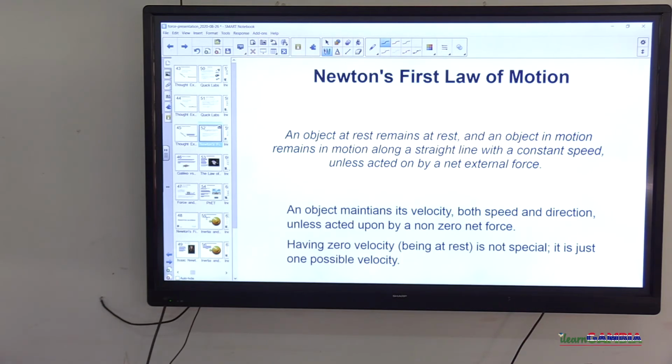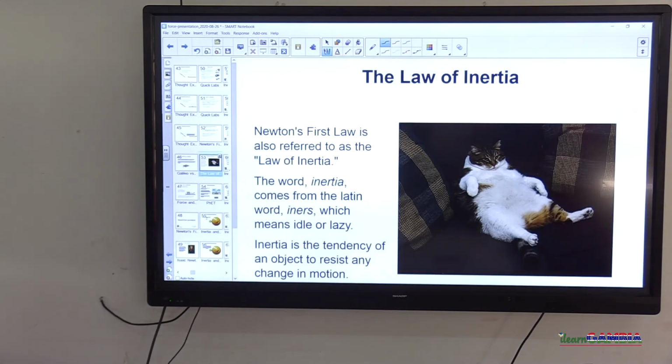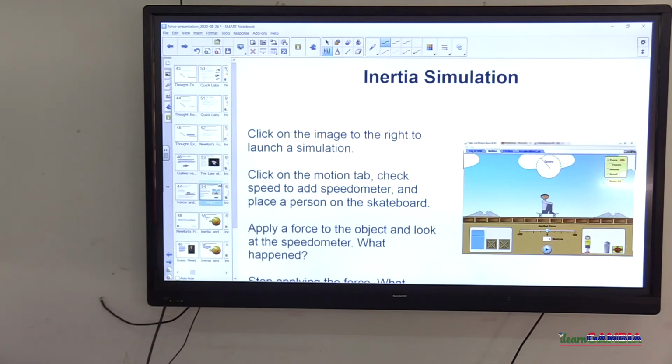Having zero velocity or being at rest is not special. It is just one possible velocity. Newton's first law is also referred to as the law of inertia. The word inertia comes from the Latin word iners, which means idle or lazy. Inertia is the tendency of an object to resist any change in motion.